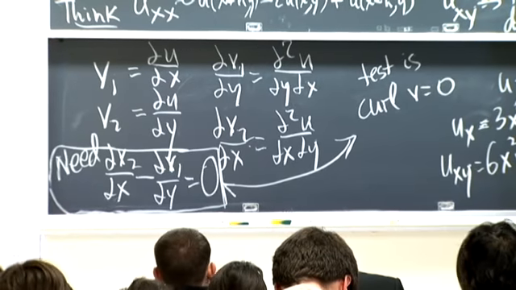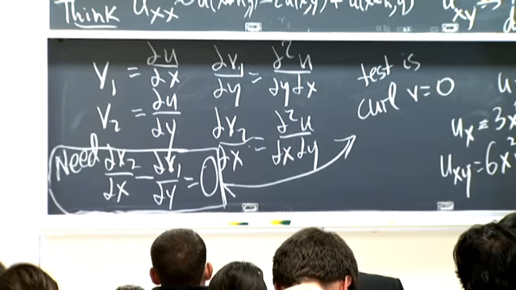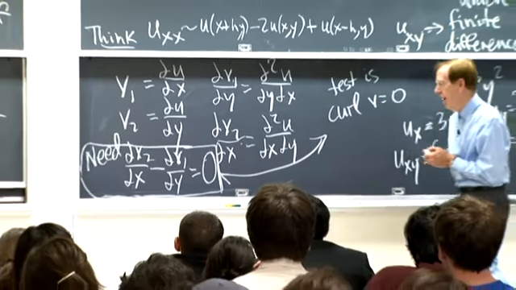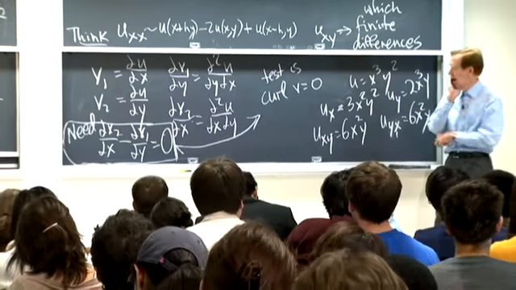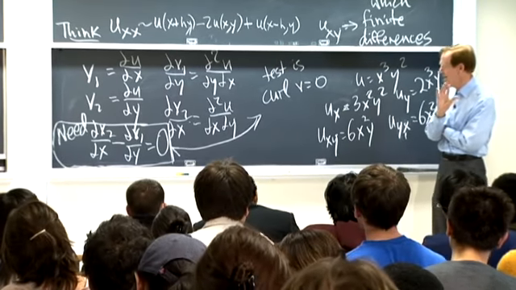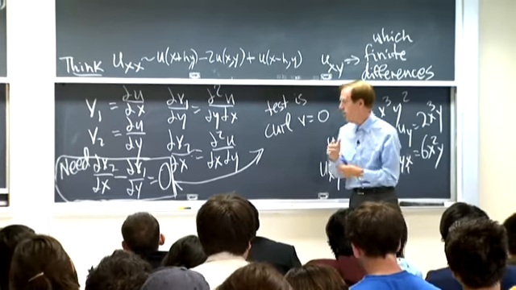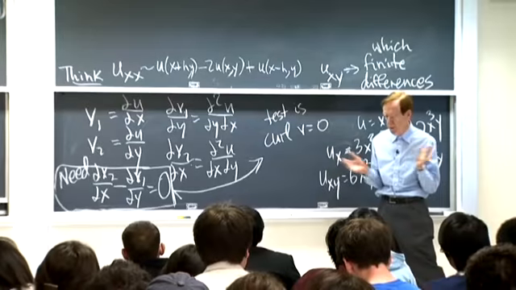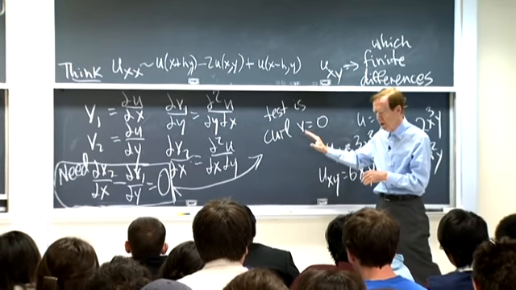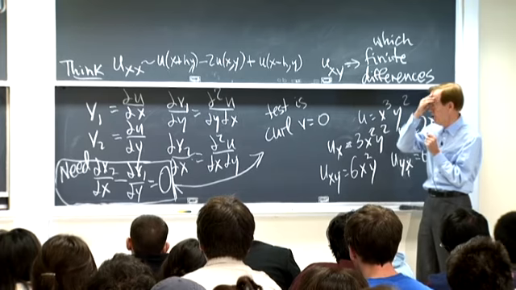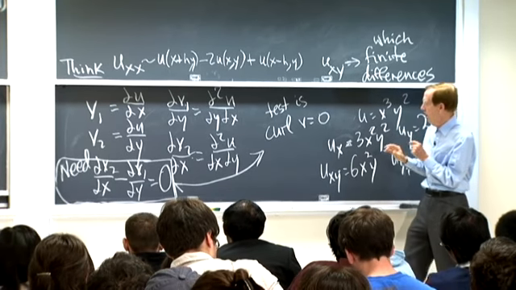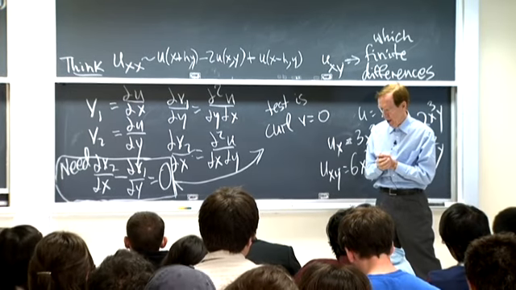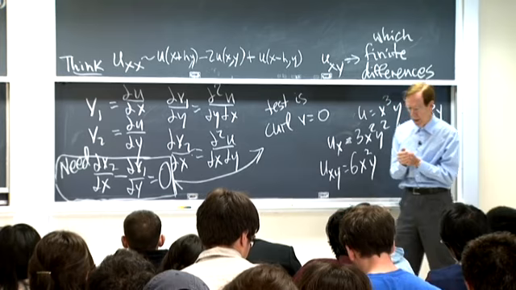You're going to say, wait a minute. I learned about curl, and that doesn't look like the curl to me. So I'll say, wait another minute. It's not that far off. What's your objection? Your objection is that the curl is in three-dimensional space, right? When you saw a curl, we had functions of x, y, z, and the curl had 3 components.